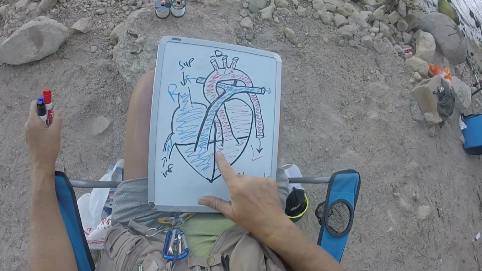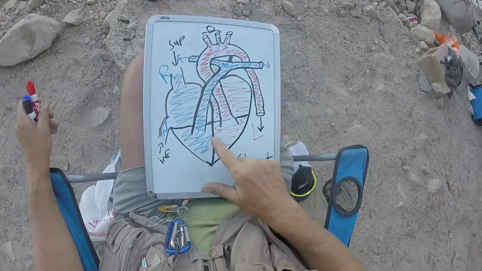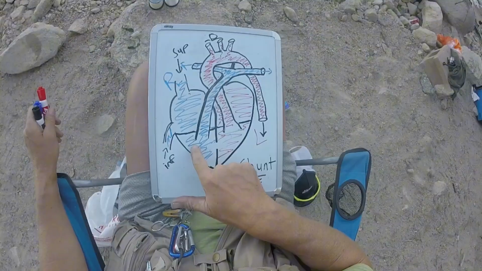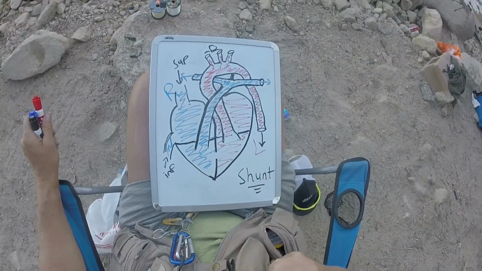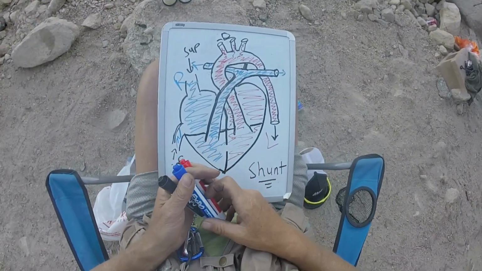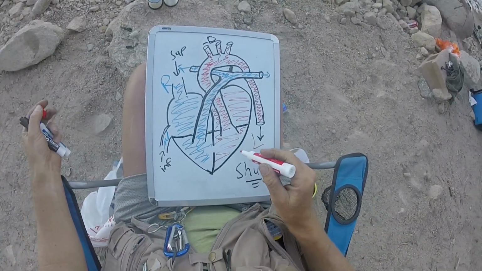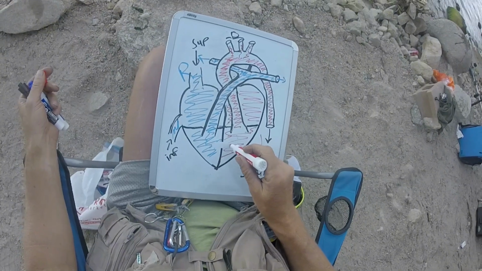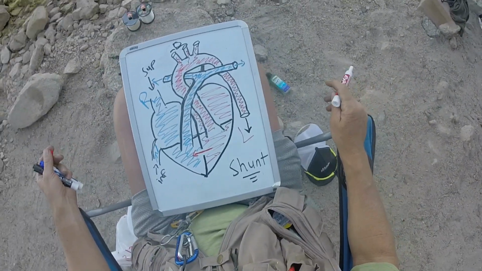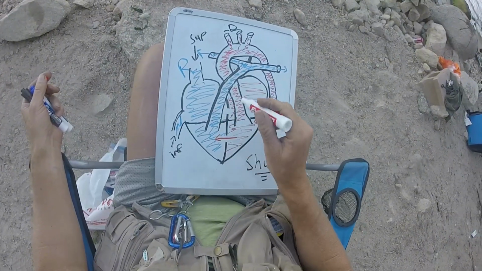So if we were to have a hole connecting the right and left sides somewhere, let's just put it here between the ventricles, this is the right ventricle, this is the left ventricle. If we were to have a hole there, fluids always go from high pressure to low pressure, so in fact the shunt is going to go this way.